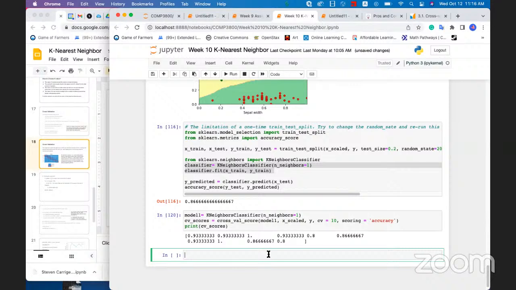So what we want to get is the final score for k equals 1. We want to get the average. This represents the accuracy score for each experiment, right?